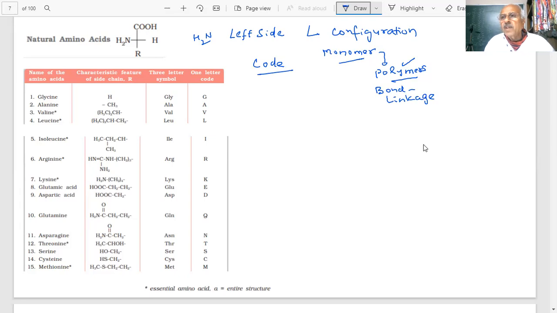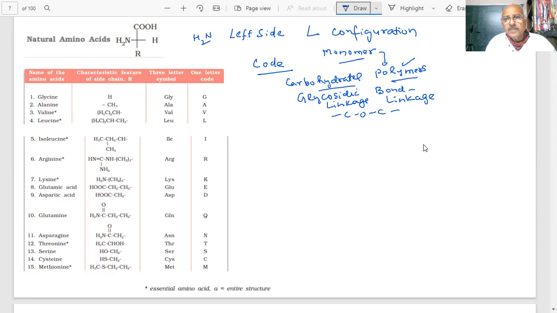What type of linkage was found in carbohydrates, students? Glycosidic. In carbohydrates you found glycosidic linkage, C-O-C type of linkage: condensation of two monosaccharides with the loss of water molecule and formation of oxide bond.